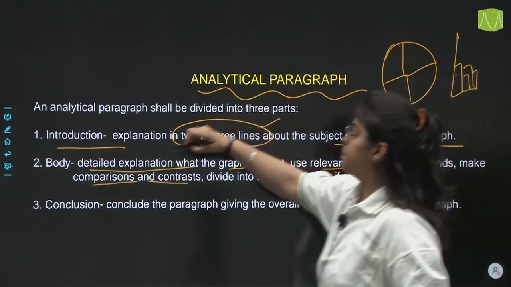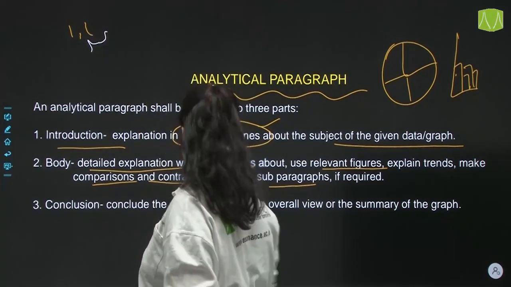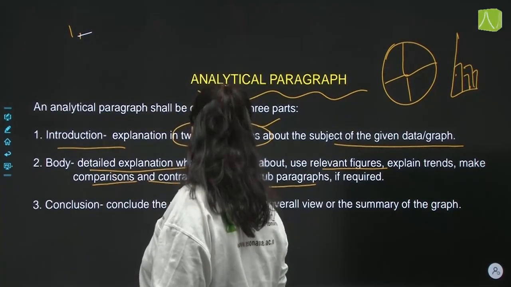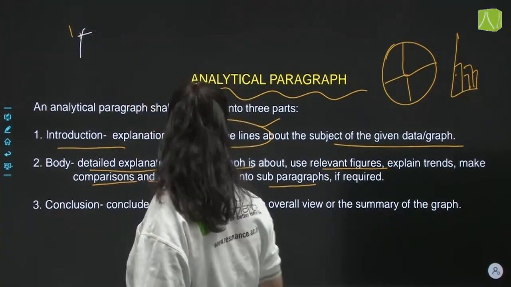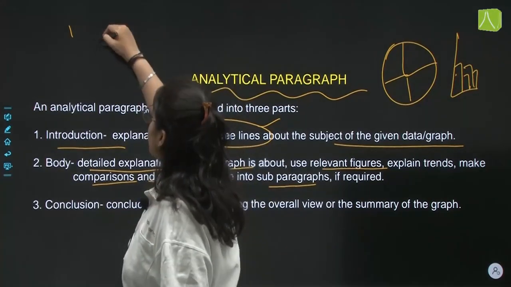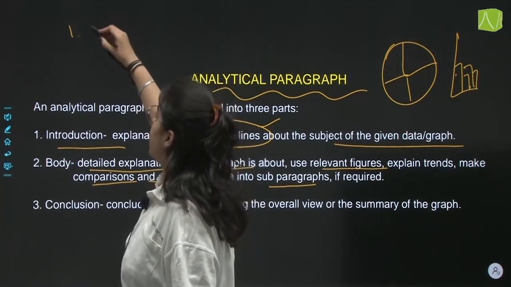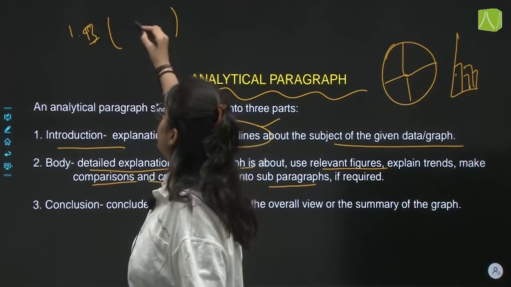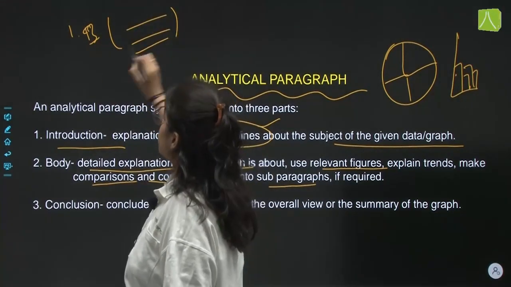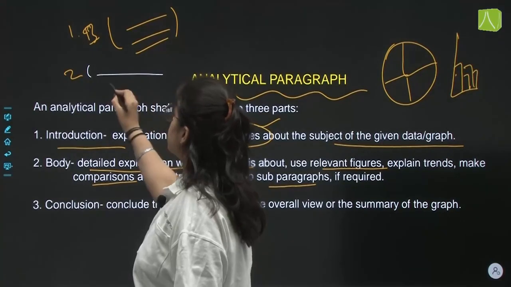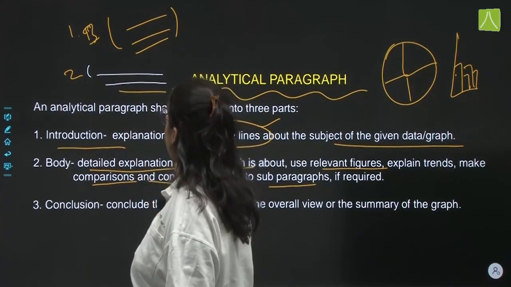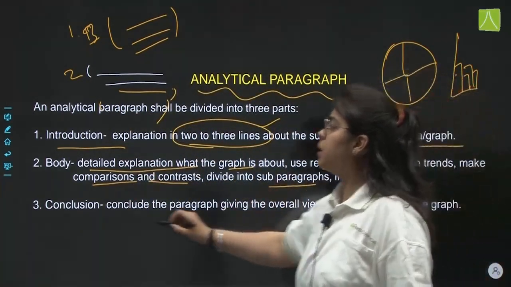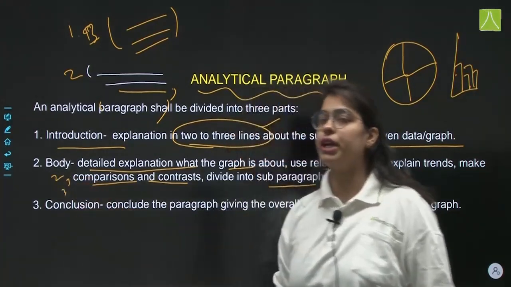For example, number 1, you have written the introduction. So here 1 paragraph of 2-3 lines you have written in the introduction. Then number 2, you can write 3 lines and then again you can change the paragraph. You can subdivide the body into 2 or 3 paragraphs according to your wish.